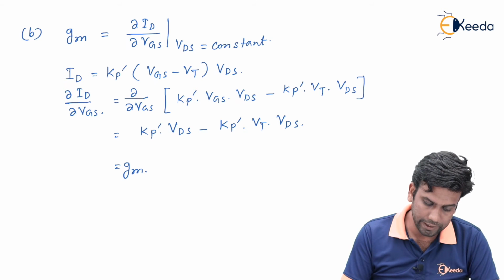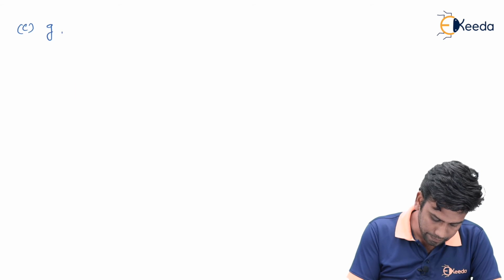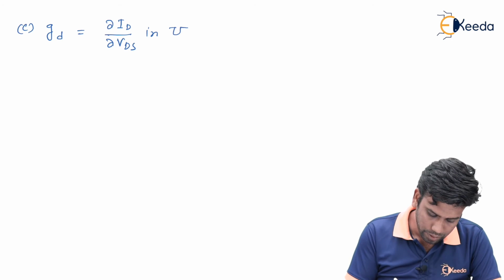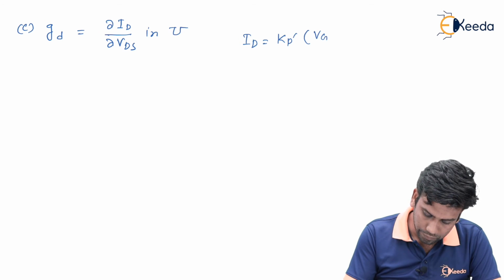Similarly, we can find the value of the Gd also, that is the output conductance. So Gd is written as del ID by del VDS in mho, and we have the ID equation as Kp dash into (VGS minus VT) into VDS.